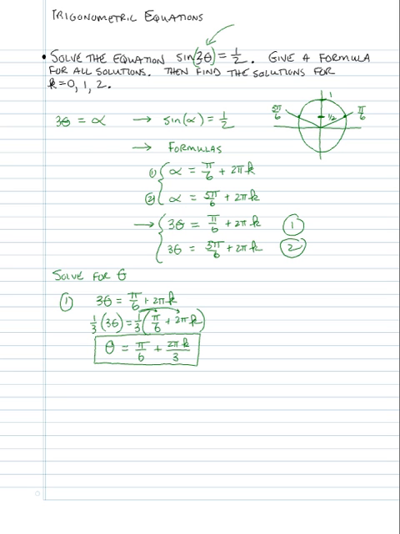Now, in the other case, the second formula starts out as 3 theta is equal to 5 pi over 6 plus 2 pi k. And when I multiply on the left by 1/3 so that I'm solving for theta itself, I've got to be sure to multiply on the right by 1/3.